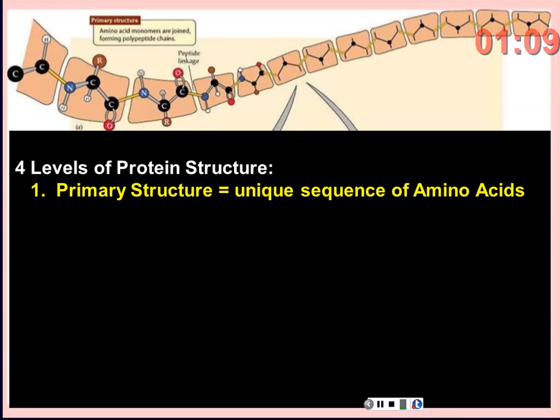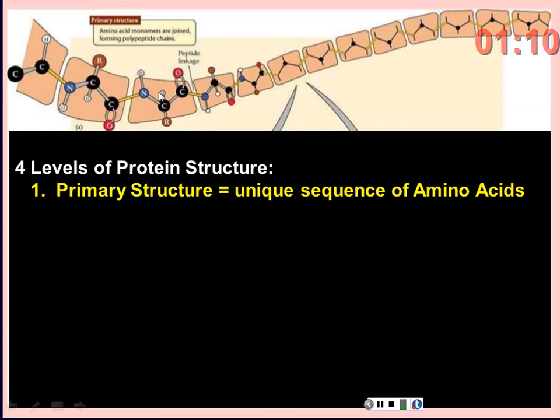So just like our word, guys, if you change the sequence of amino acids, it's not the same protein. If you add an amino acid, it's not the same protein. If you take an amino acid out, it's not the same protein. Because what you have here in the illustration, look at this.